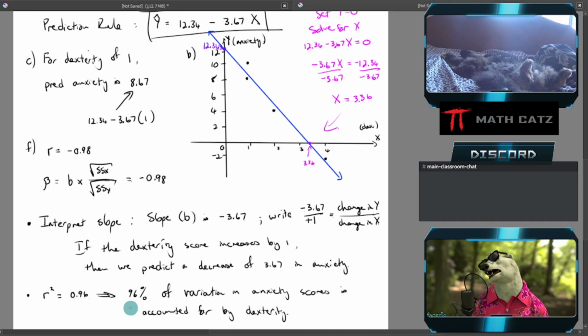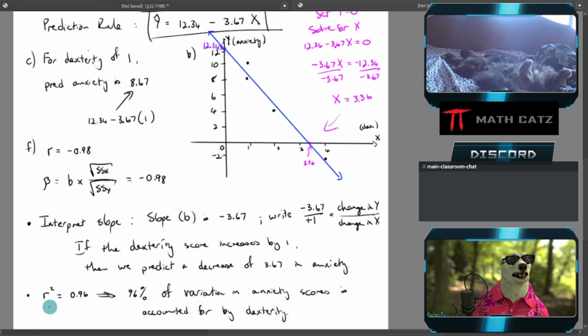So I wanted to end with these: interpret the slope of my linear prediction rule, R-squared, and what that tells me about the connection between these variables. And of course, that's very closely linked to correlation. It is the correlation coefficient.